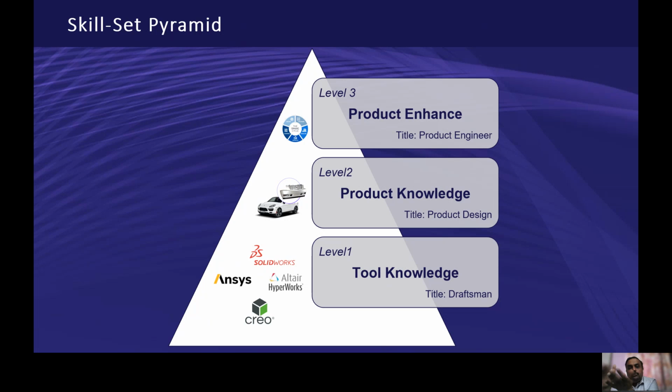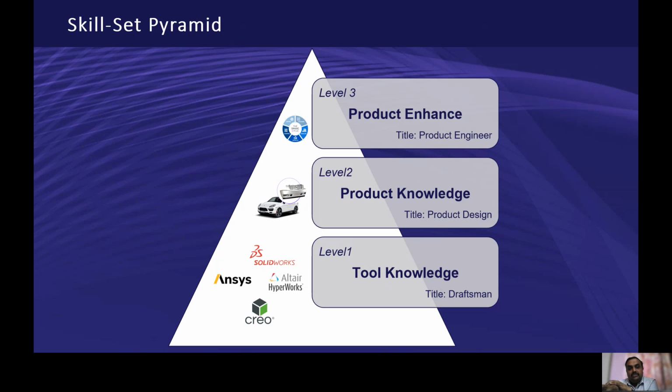Once that is known to you, then you can think about doing some lightweighting, or you can try some integrations, or bring in more modular designs integrating with ADAS, cameras, sensors, and lidars. So if you have to think about level 3, the level 2 knowledge upgradation is quite important.